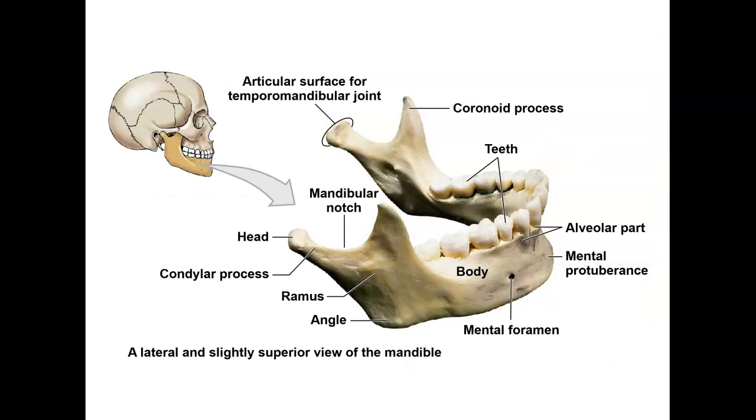Going down, looking at the only bone that is freely movable of the facial bones, which is the mandible. You've got teeth, you've got those alveolar parts or processes, you've got the articular surface of the temporomandibular joint, the coronoid process, a mandibular notch, the head of the mandible, the condylar process, the ramus, which is the long section, and the angle, which is the rounded section of the ramus there.